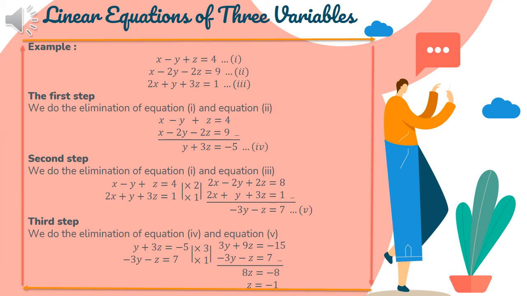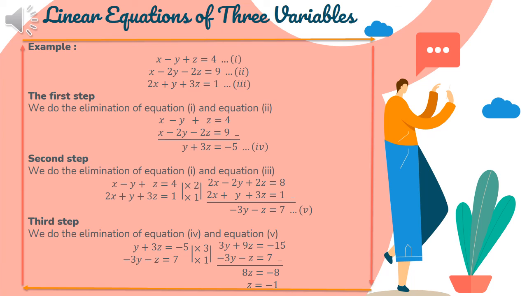Third step, we do the elimination of the fourth equation and fifth equation. y plus 3z equals negative 5 multiplied by 3 becomes 3y plus 9z equals negative 15.